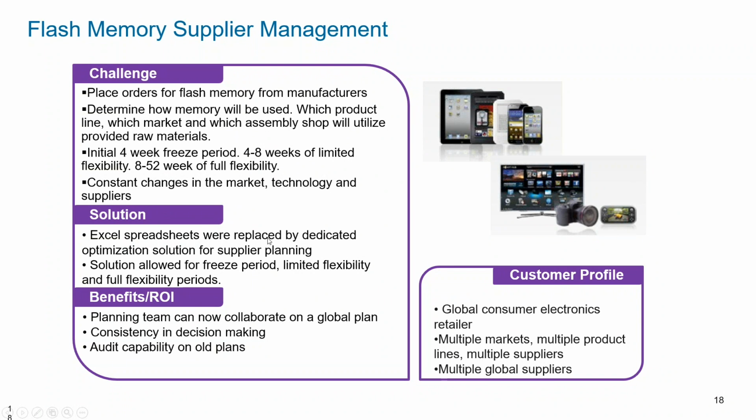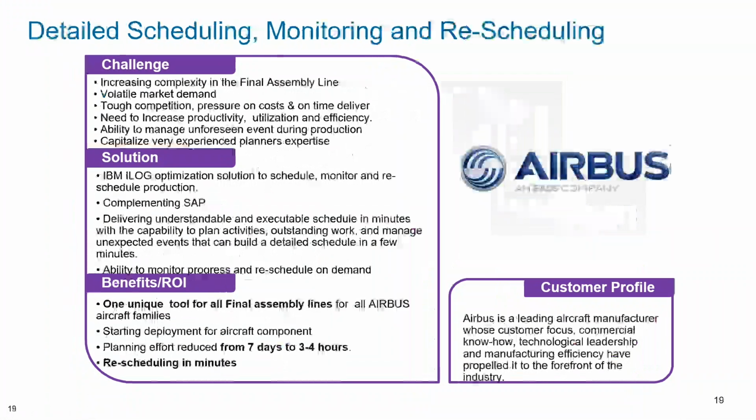So the solution, the Excel spreadsheets, they replaced by an optimization solution for the supplier planning. And the benefits are the team now can collaborate, can make better decisions, and they can look at all plans. So this one is not unique, there are many companies in that area that do something like this.